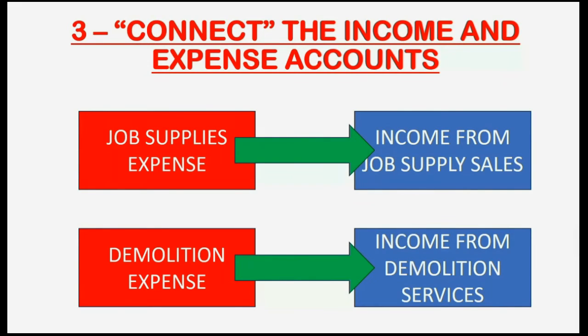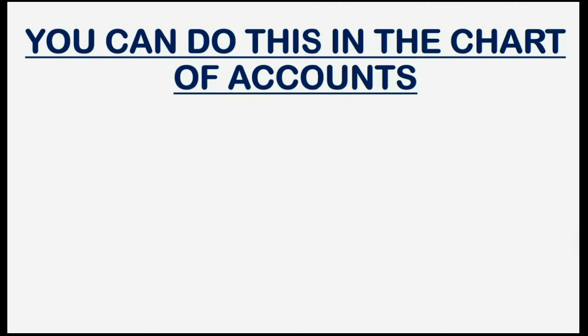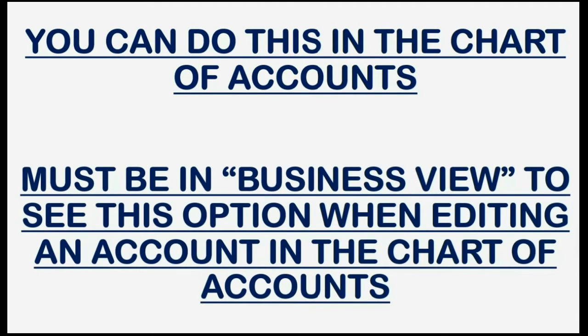But now they're directly connected, or we will have to directly connect them by doing the same thing that we're going to do with the job supplies expense account when we connect it to income from job supplies. You do this in the chart of accounts, but it must be in Business View for you to see the option to connect these two accounts.